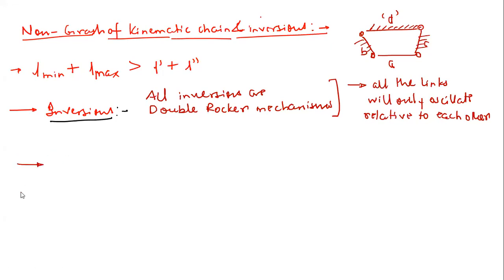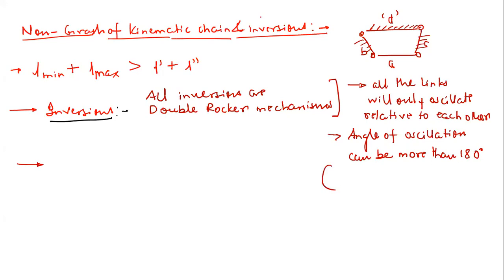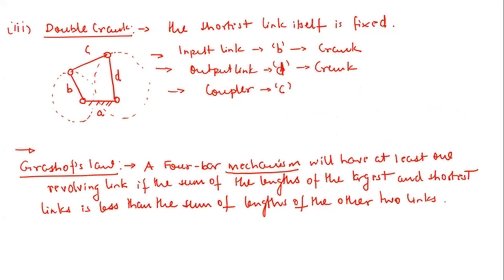Fine. So now this is one more very important concept. Again, it is possible that all the links will oscillate relative to each other, but the angle of oscillation can be more than 180 degrees. Very important thing, right? So just remember here, let's say we go back to the Grashof kinematic chain.